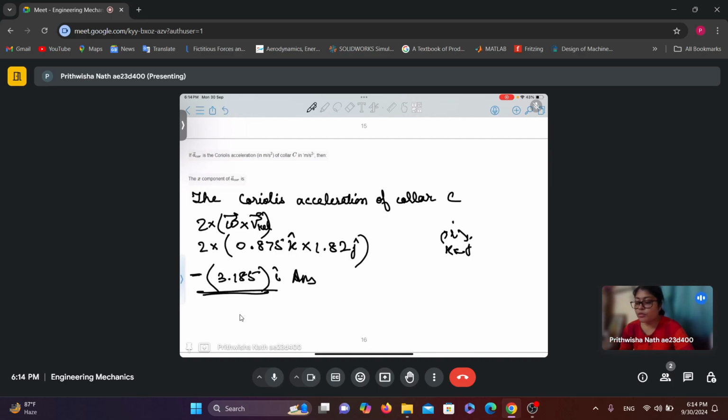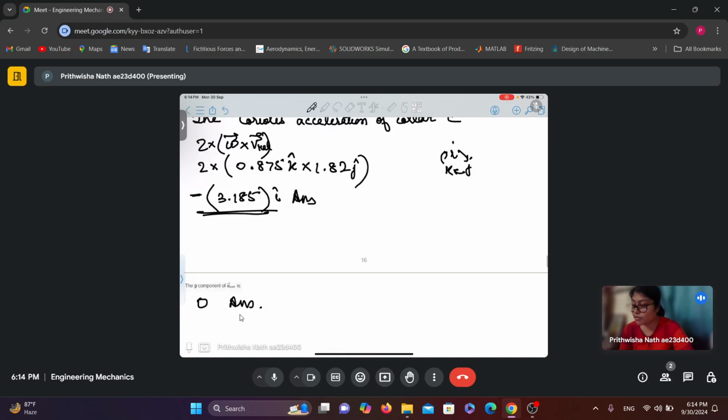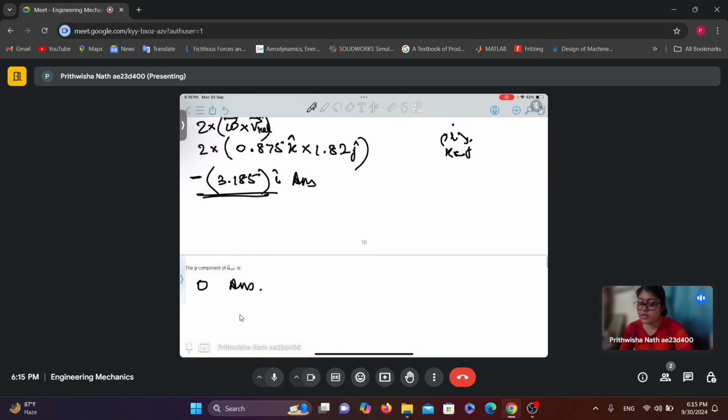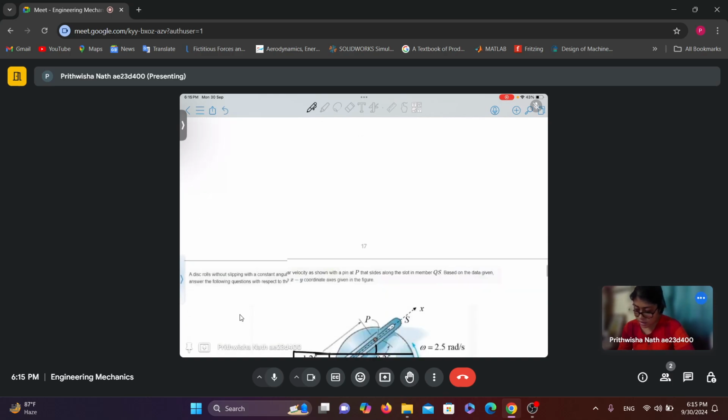So x component is minus 3.185 and the y component is 0. There's no component along the y direction.